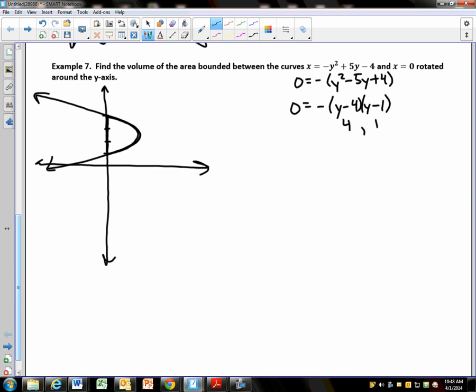Everybody agree that that's the area that I'm going to be rotating? Okay. So I'm going to spin that. That was horrible. And so when we slice it, how are we going to slice it? So like this. Yeah, exactly.